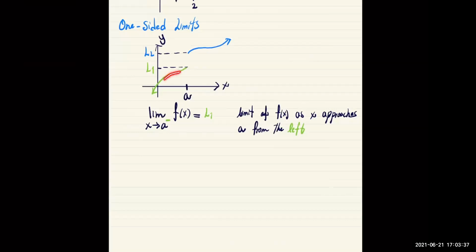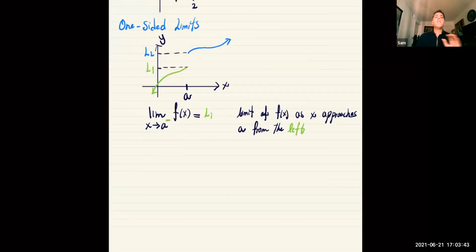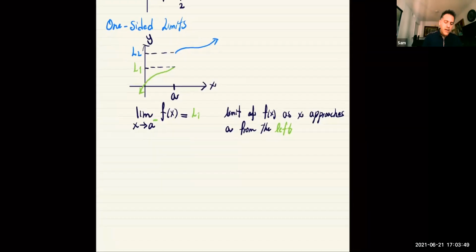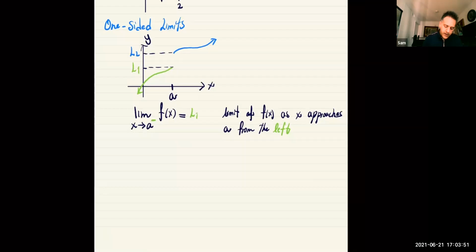Wait, so this limit doesn't exist because they don't match up, right? Yeah, well, so we'll talk about the existence of the limit itself. Yeah, just give me a second. And then we have the limit of f of x as x approaches A, but from the right, which you use a positive superscript.